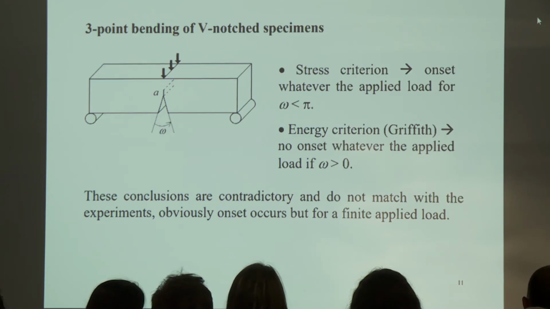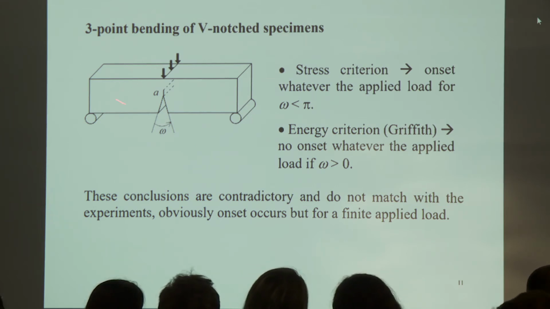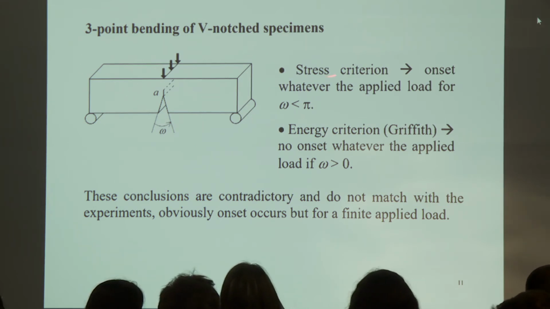Okay, now I come back to a standard test. This standard test is bending of a notched specimen like this one. If I do some finite element calculation and use a stress condition, if the notch is sharp, everybody knows that in the vicinity the stress tends to infinity, so it is bigger than any threshold.